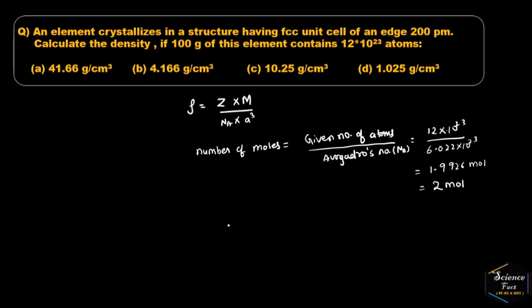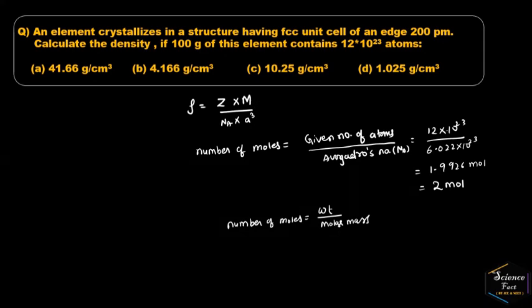Since we know that number of moles is also equal to given weight divided by molar mass, and in the density formula we need the value of molar mass, on the basis of this formula we can calculate the molar mass.